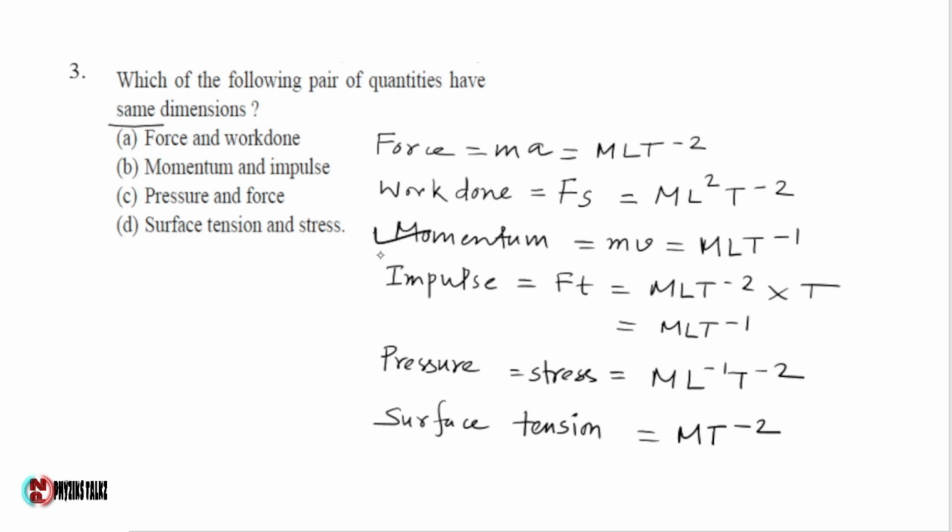So momentum and impulse have same dimensional formula as MLT^-1. So the pair which have the same dimension is momentum and impulse. So the option B is correct.